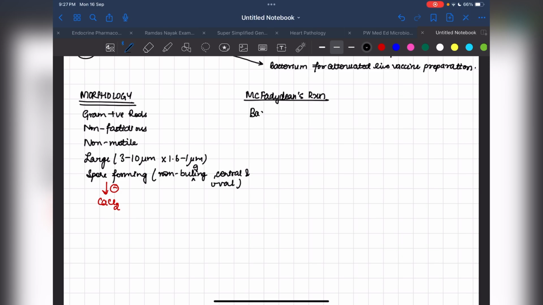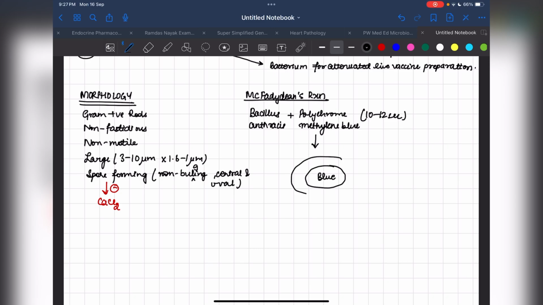Bacillus anthracis reacts with polychrome methylene blue for 10 to 12 seconds. Then you get an appearance where the bacteria is blue in color due to gram positivity, and you will find a capsule which is purple in color and amorphous.